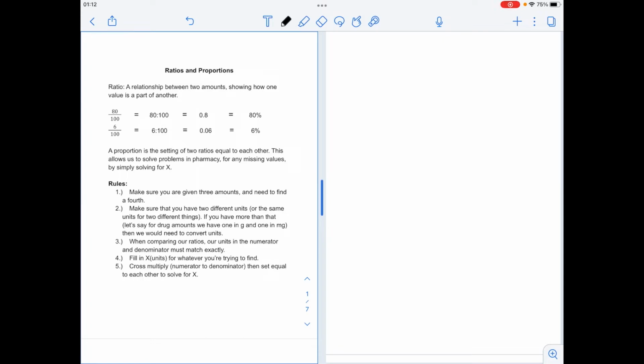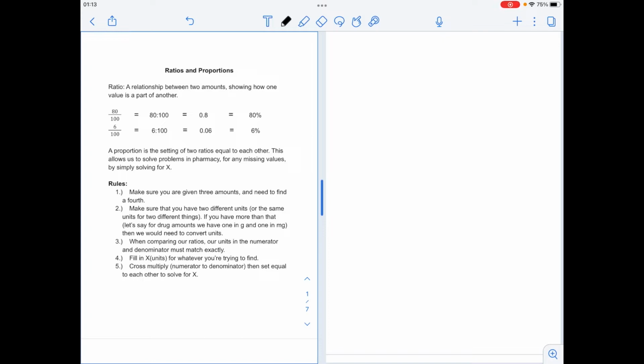However, it is good to be in the habit of writing your weight-based units at the top and your volume-based units at the bottom. Sometimes you might have weight and volume, and that's okay. But in general, it's good to be in the habit of this just because when we get into percentage math later, that will be very helpful if you're already in the habit of writing weight over volume.